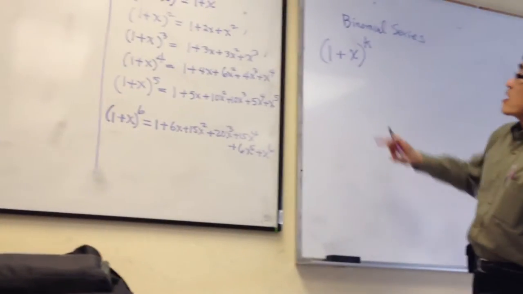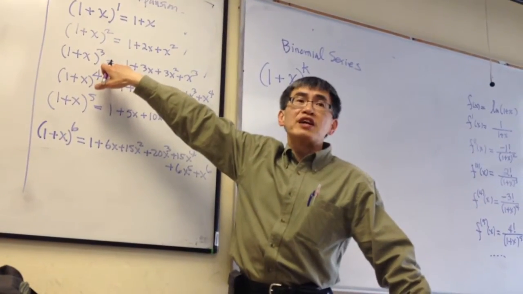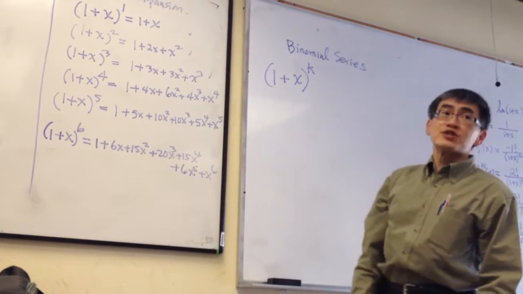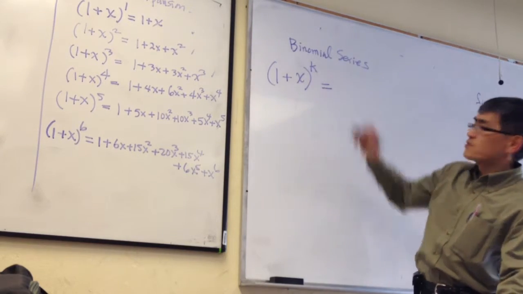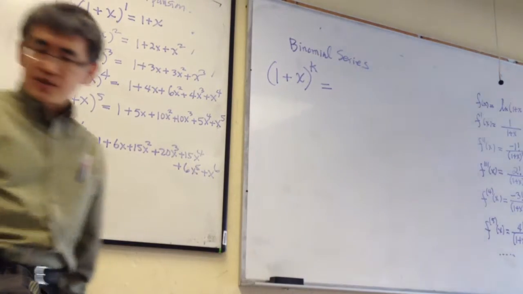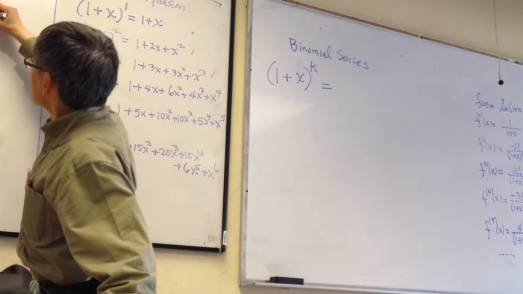As it turns out, if this exponent, this power, is not an integer, then there is still a result. And this result looks like this. If you use the notation in the book, there is this notation.